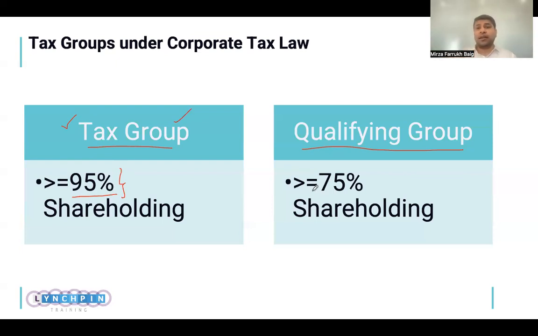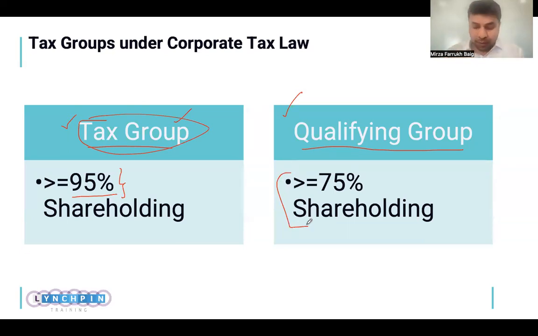For the qualifying groups, it's a very interesting concept. It depends on the scenarios, and it is applicable in a few cases, where I'll be transferring assets within the group entities, which will not be formally included or have got the approval of a tax group. The only condition here is that in a qualifying group the shareholding is 75% or higher.